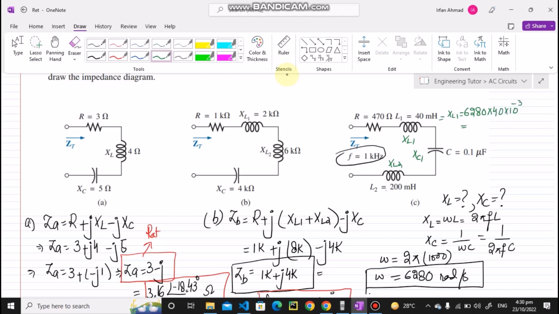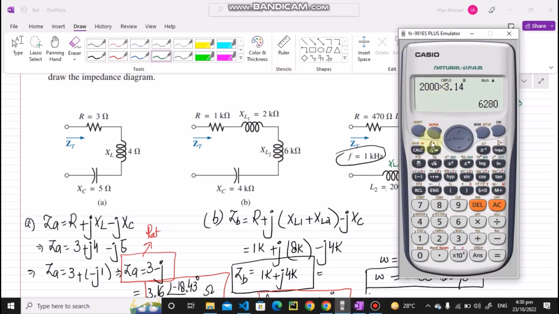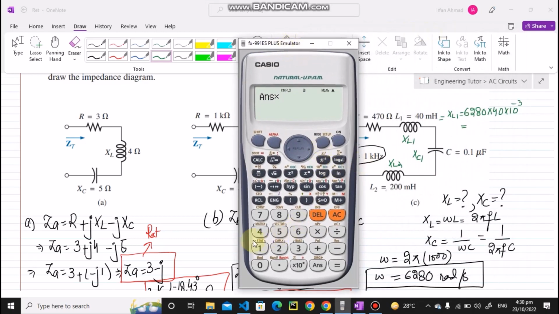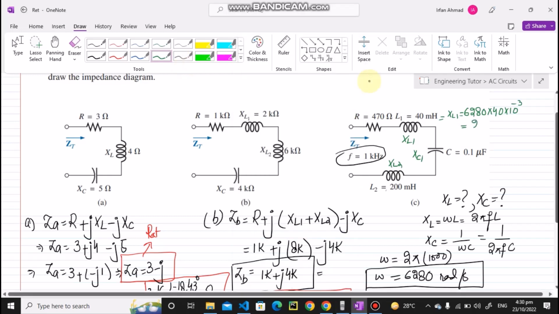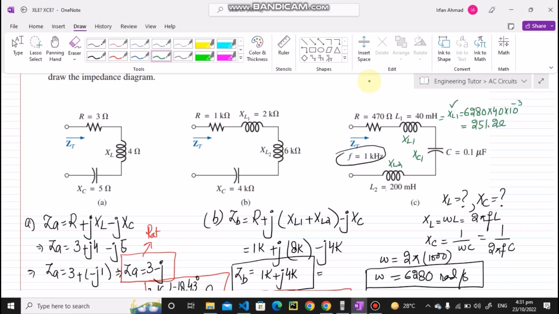Calculating it, 6280 multiplied by 40 and dividing by 1000, I will get 251.2 ohm. So that is basically XL1.